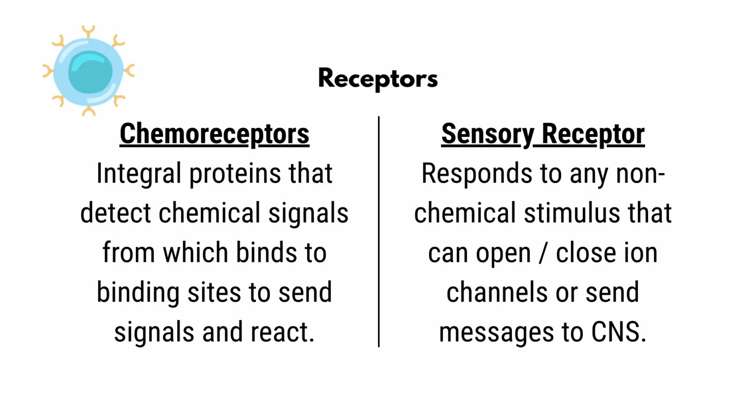A common example of a chemoreceptor would be the GPCR. The sensory receptor, however, is more a response and a signal, or a receiver, to non-chemical stimuli that can close and open chemical channels, ion channels, or send messages to the central nervous system. For example, there are baroreceptors that can detect pressure changes in the cell.